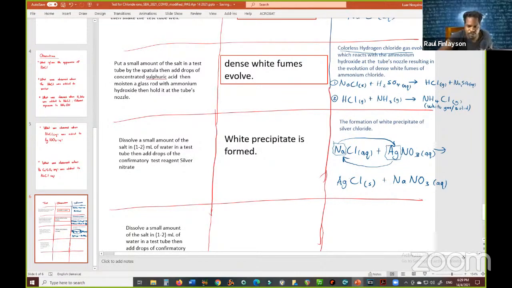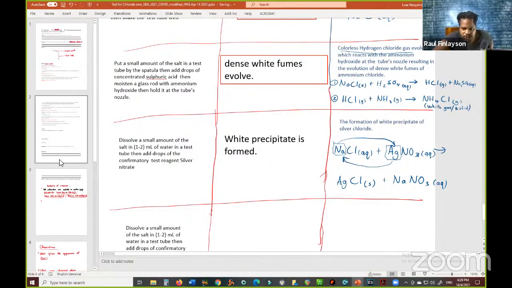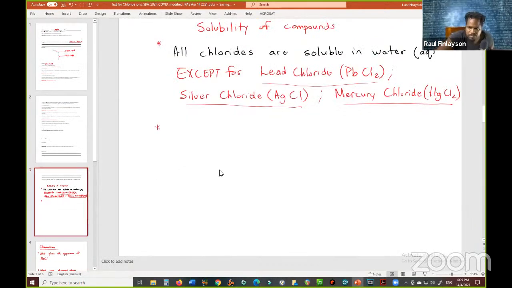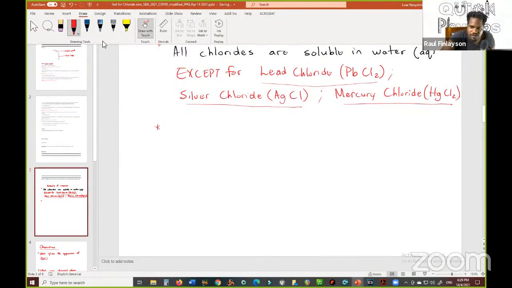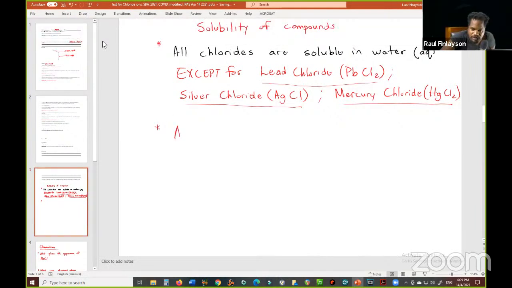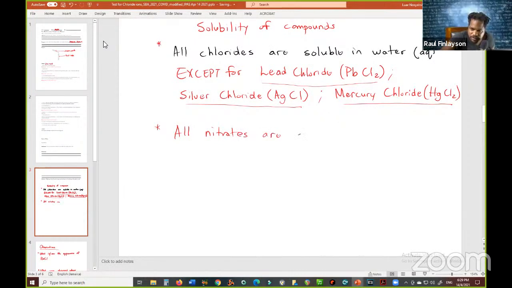Again, that's the other rule that we need to remember, guys. Where did we write that rule before? It's right here. So all nitrates are soluble. Let's write that down, so you guys always remember that. All nitrates are soluble in water.